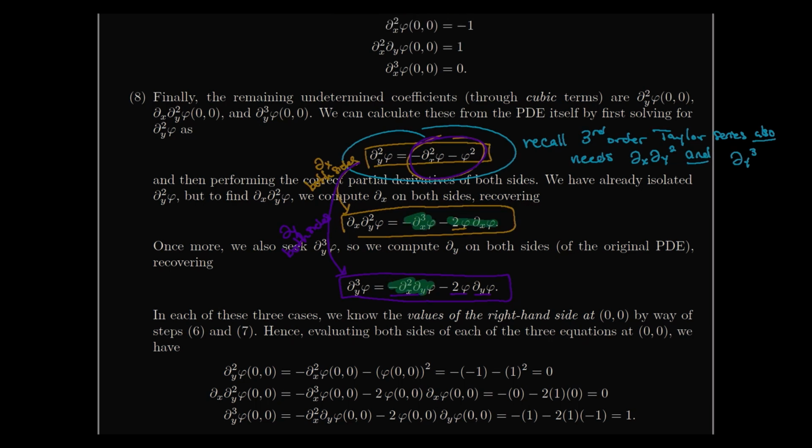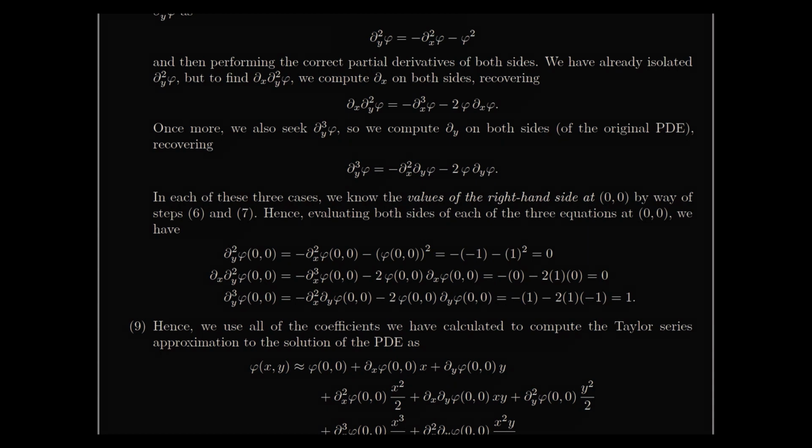Now what's interesting is it doesn't necessarily feel like it right away, but in fact all of these terms on the right-hand side we've already computed, in steps 6 and 7. So because we've already computed those, we actually know everything on the left-hand side here. All we have to do is plug the values in. That's what I do. I just plug the values in that we've already found out.